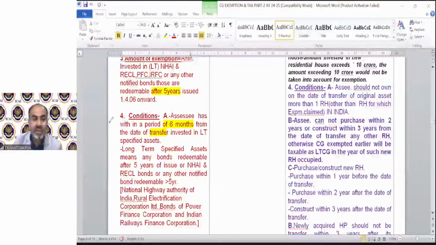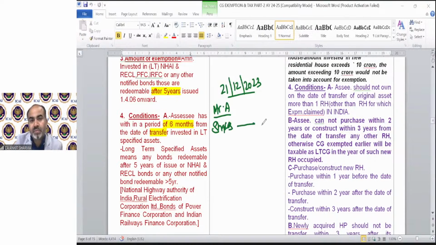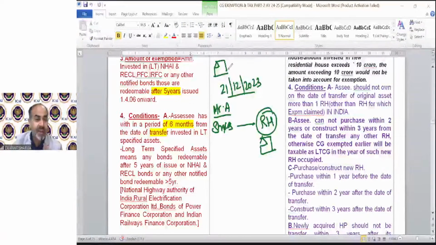Now condition B. Suppose at the time of transfer, that is 21st December 2023, Mr. A is transferring shares and going to buy a residential house for the purpose of exemption. Mr. A already had a residential house. We have discussed that he cannot have more than one residential house at the time of transfer, so he can claim the exemption under section 54F. Condition A has been satisfied.